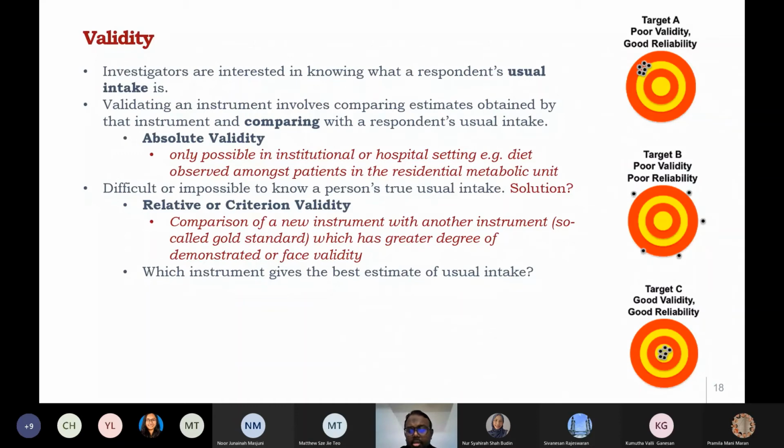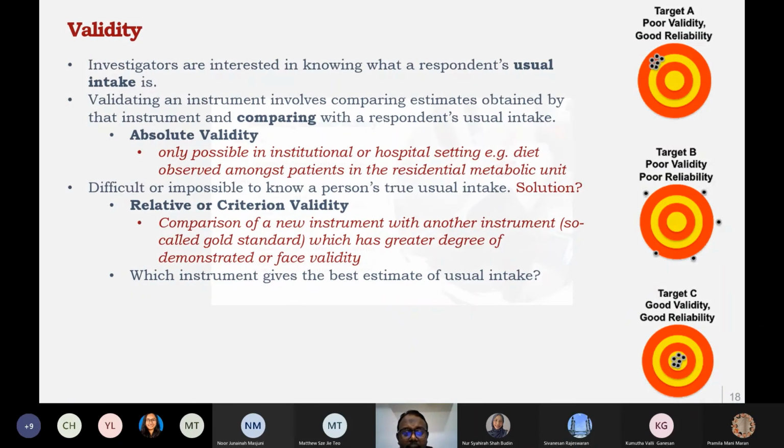There is no one instrument that can give the best estimate of usual intake. So we will see throughout the lecture how you can increase the quality of a validity experiment that you are doing.